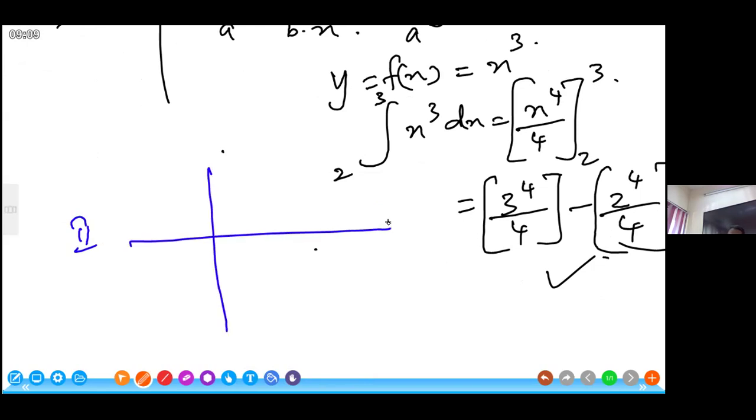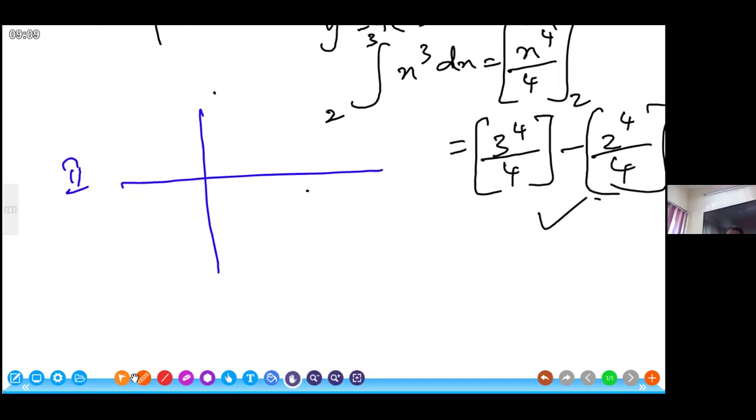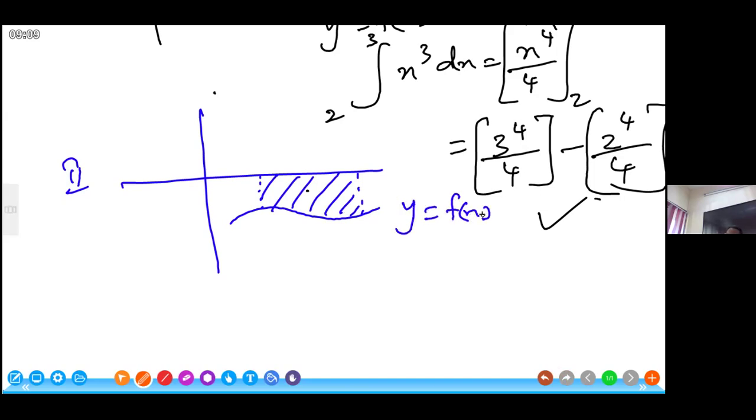Let's say we have a function, it's the same function. Doesn't matter whatever the function. Now we want to find out the area below the x-axis. Y is a function of x. This is the x-axis, this is the y-axis.